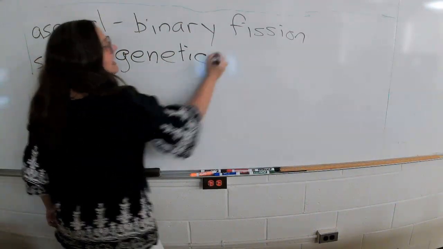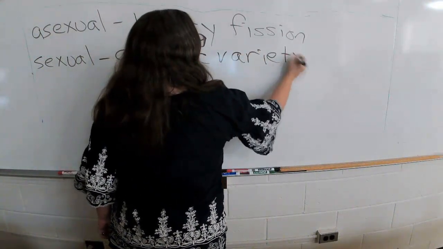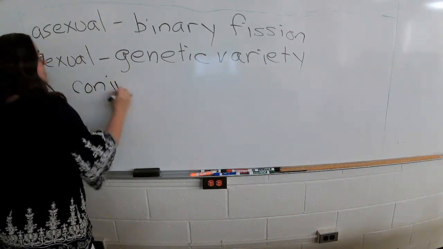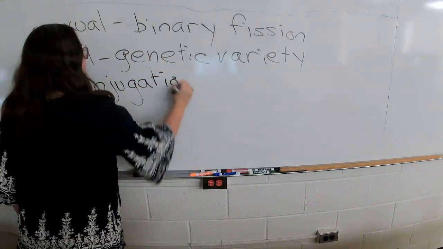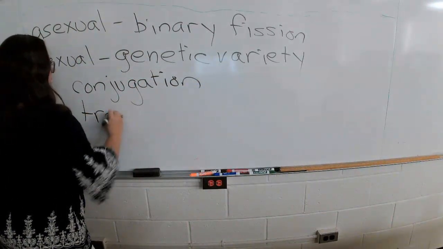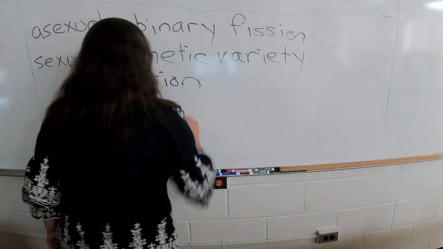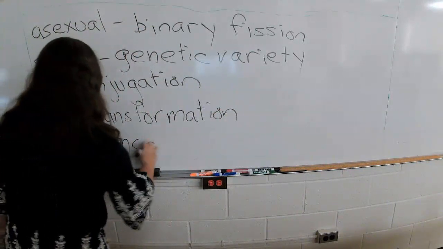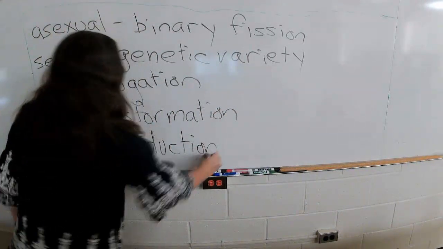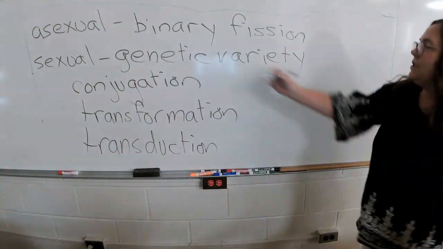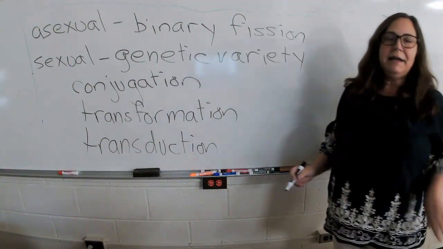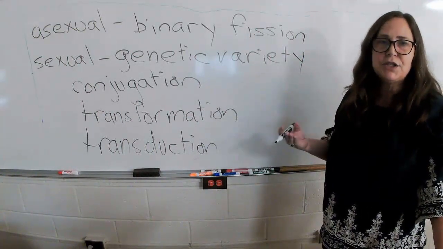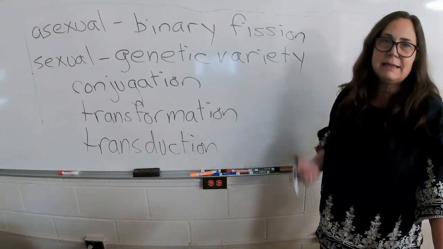They can have genetic variety by undergoing conjugation, transformation, and transduction. And another way that they get genetic variety is simply by mutating. They have a much higher mutation rate than eukaryotic cells do.